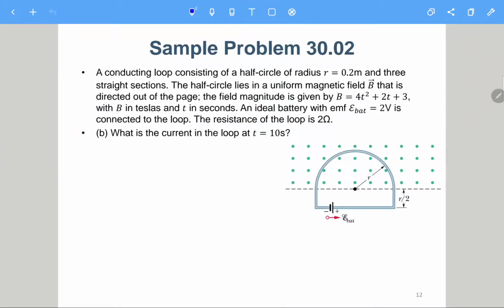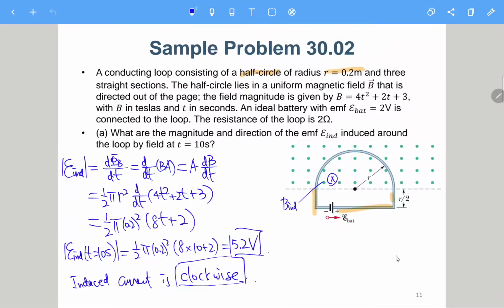Okay, so for part B, what is the current in the loop at t equals 10 seconds? So for this case, originally we have the battery to be 2 volt, and then we have this loop like this.